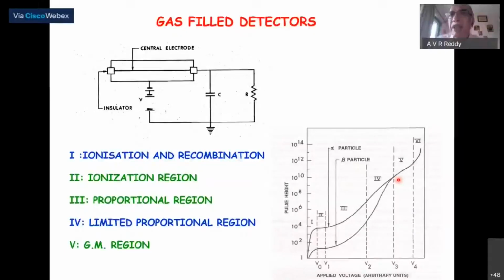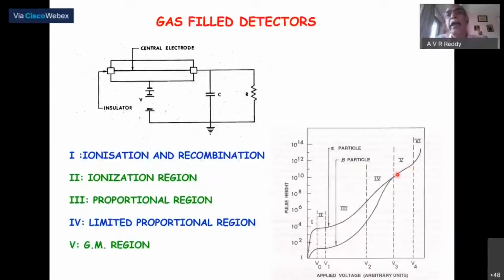That is the region where you get the same pulse height for a given voltage, irrespective of the initial number of ions produced because of the radiation interaction. There we lose the idea about which type of radiation is causing the ionization, how much energy it is giving, and how many ions are produced. All the information is lost, except that there was an initial, primary ionization.